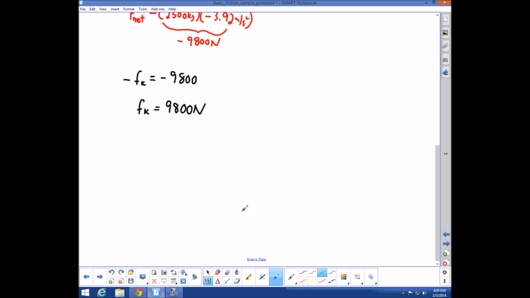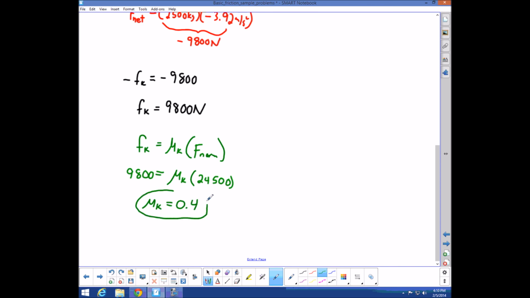And so then using the equation for the force of kinetic friction, we have that the force of kinetic friction equals the coefficient of kinetic friction times the normal force. So we would have 9,800 newtons equals the coefficient of kinetic friction times the normal force, which was 24,500 newtons. And this gives us that the coefficient of kinetic friction is 0.4. Again, the coefficient of kinetic friction is a unitless quantity.